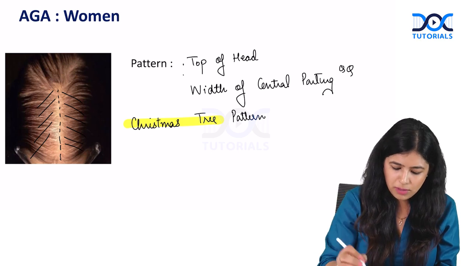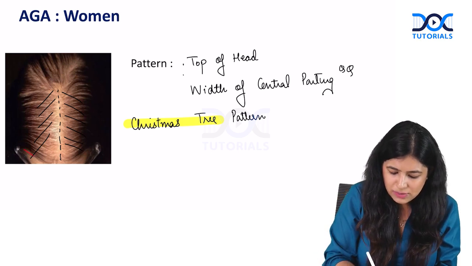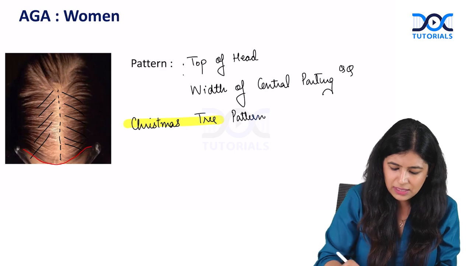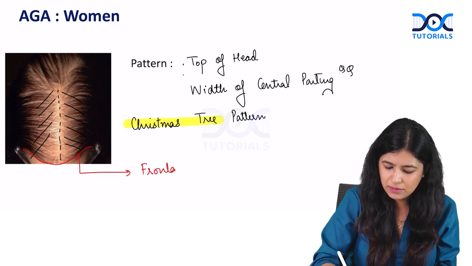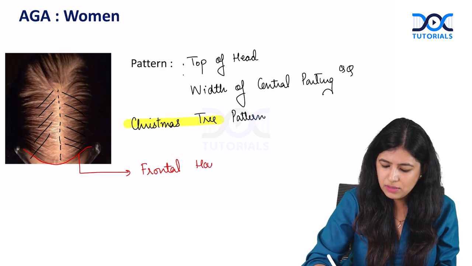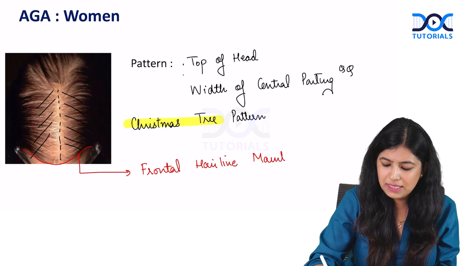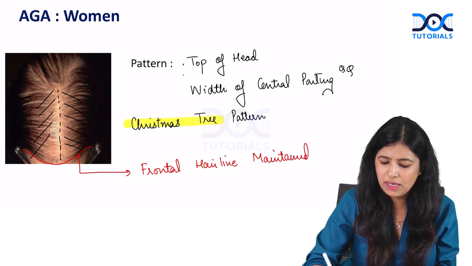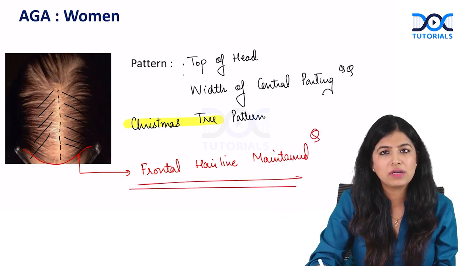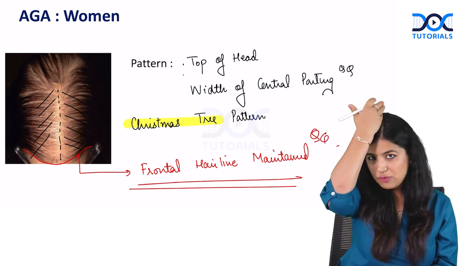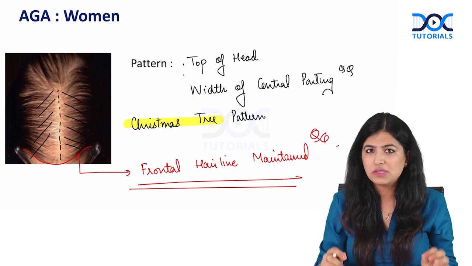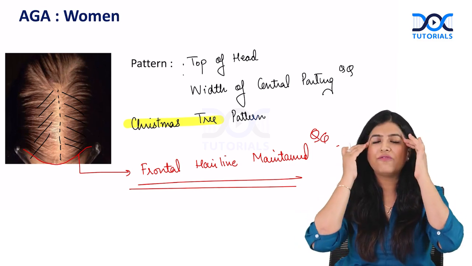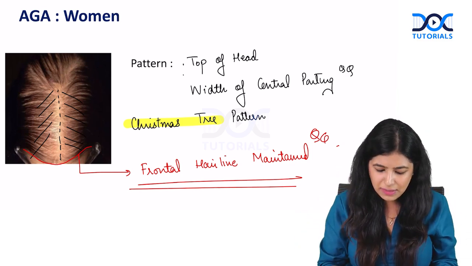Now, one important point that you have noticed in the image, you see the frontal hairline here? Yes, the frontal hairline is maintained. So very important, the frontal hairline is maintained in female pattern hair loss. Clear? So it starts from the top, progresses to the sides in the Christmas tree pattern. All this while the frontal hairline is maintained.